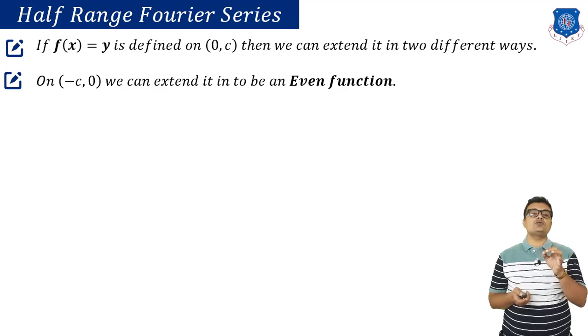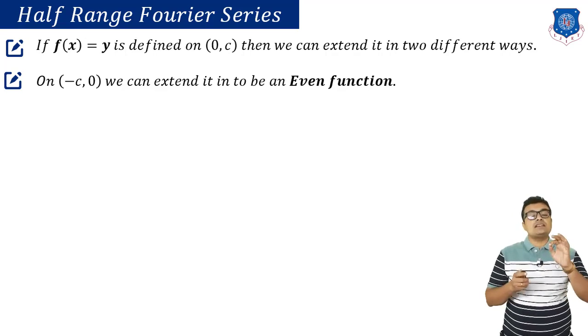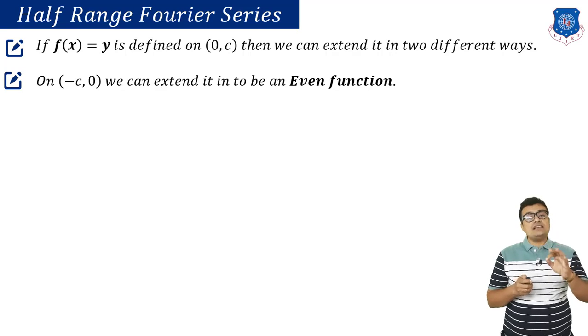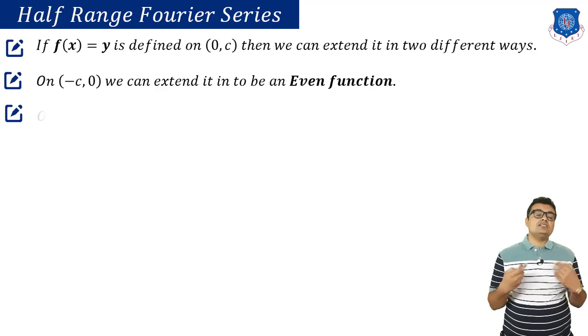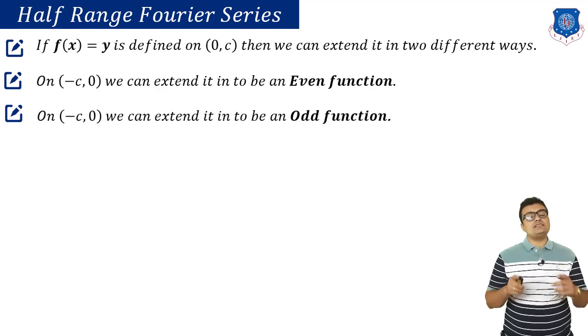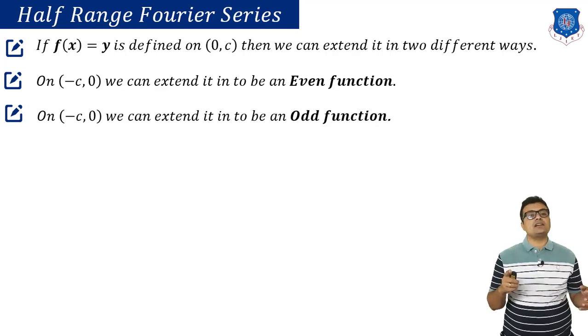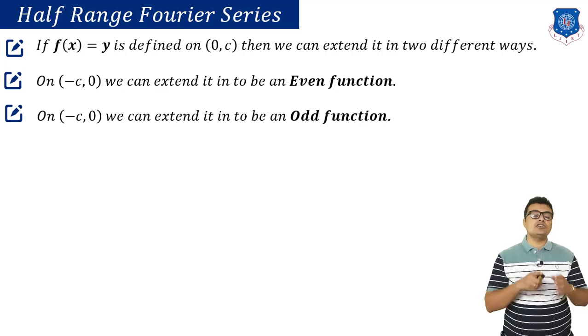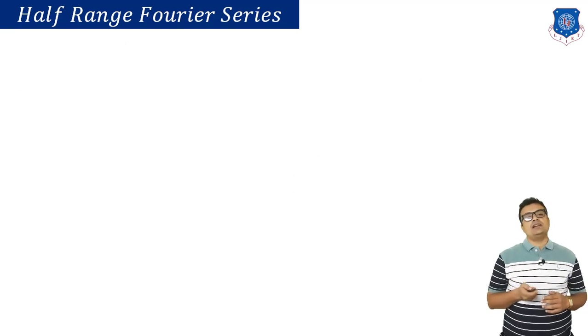We can extend it to be an even function in such a way that it is even on minus c to c. This is the first possibility. The second possibility is I can extend my graph in minus c to 0 in such a way that the overall function is odd by nature.